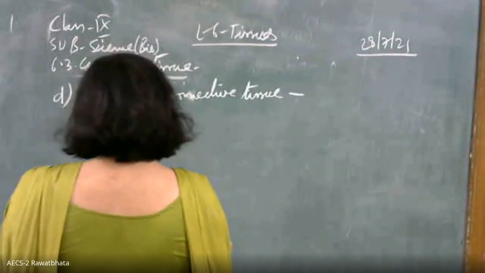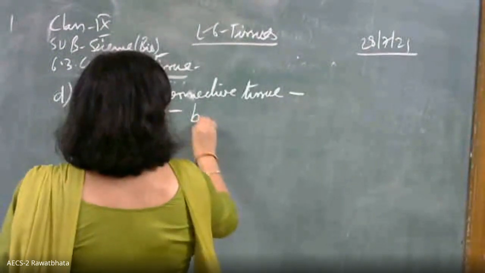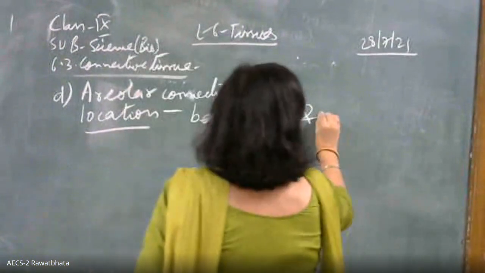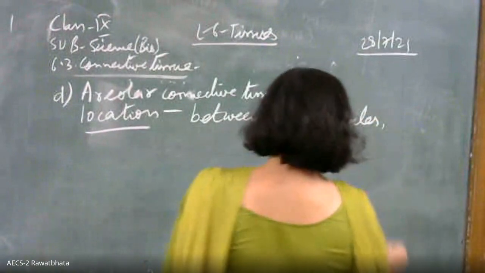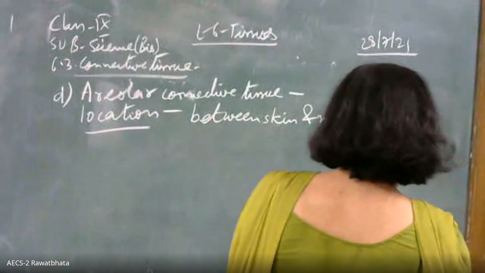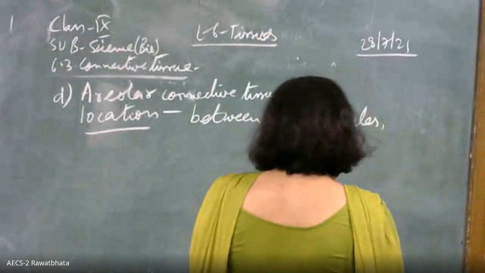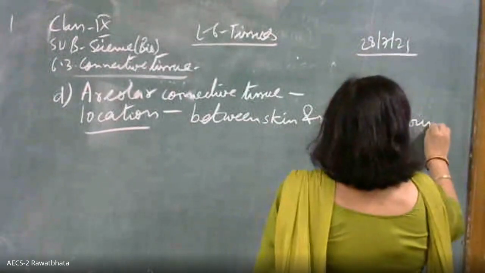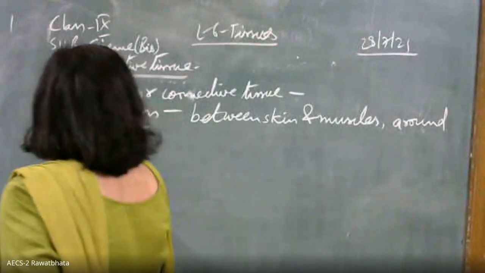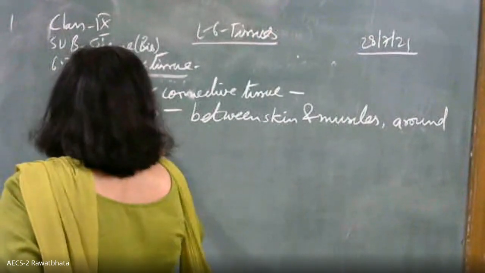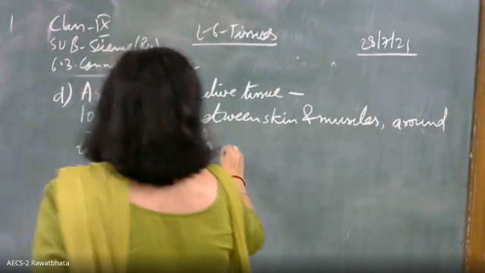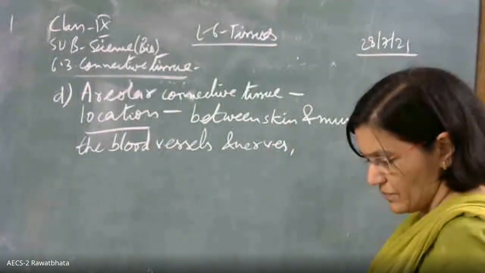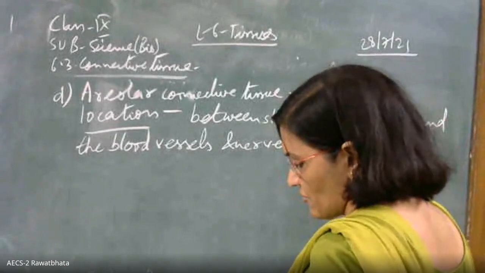Location: between skin and muscles, around the blood vessels and nerves, and of course in the bone marrow.